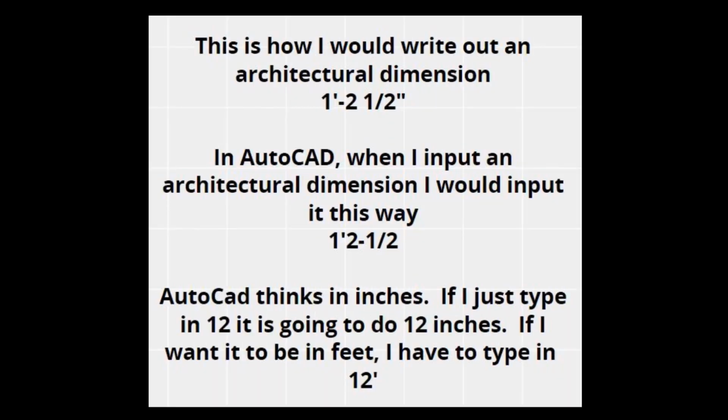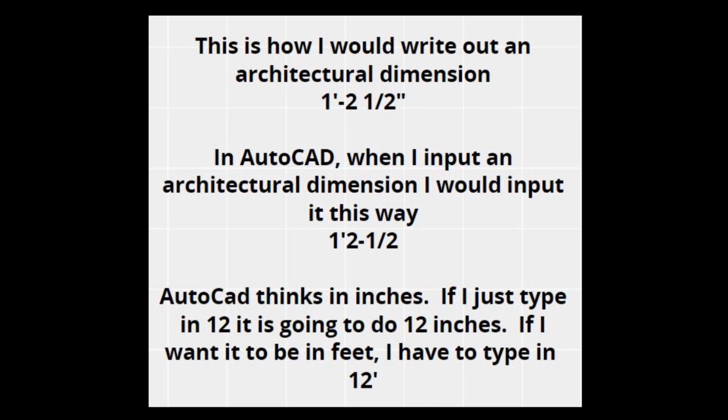While we are on the topic of learning how AutoCAD thinks, we need to talk about units. When we actually get into the program, we can set different types of units depending on what type of drawings we're going to do. If we're doing architectural drawings, we would set it to an architectural unit. If we were doing decimal drawings, we would set it to decimal units.